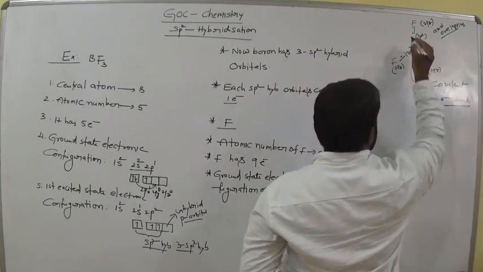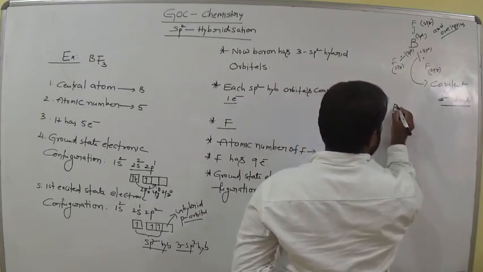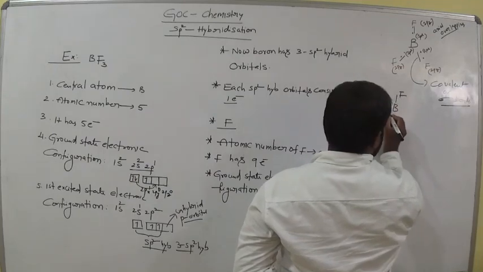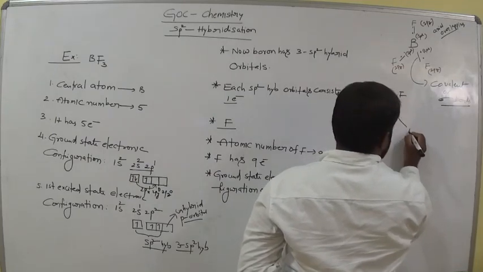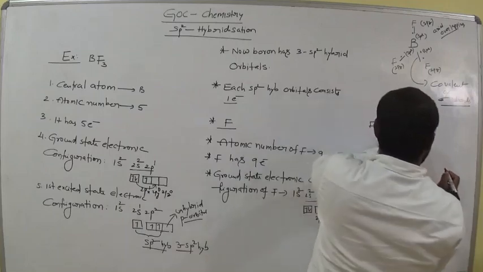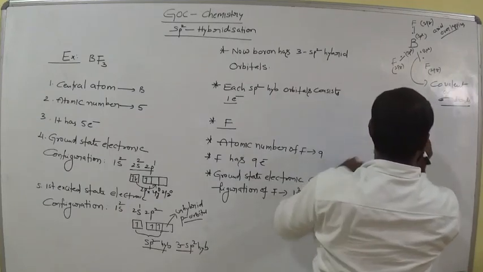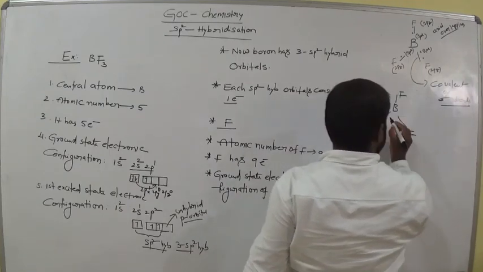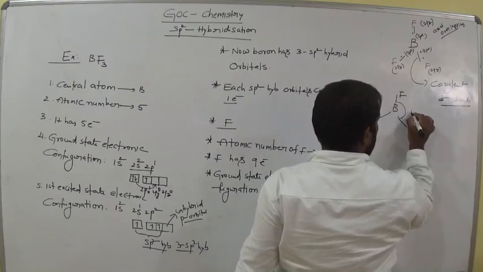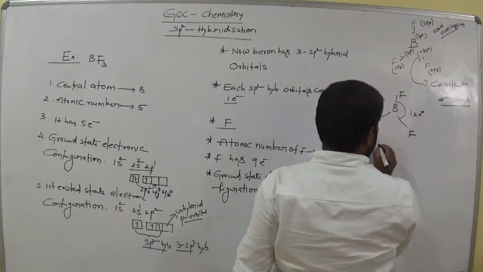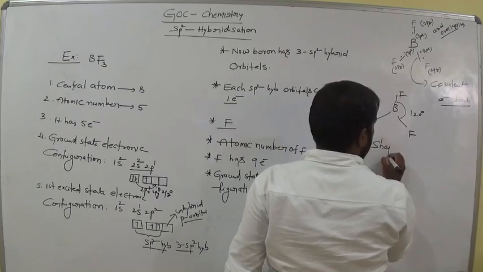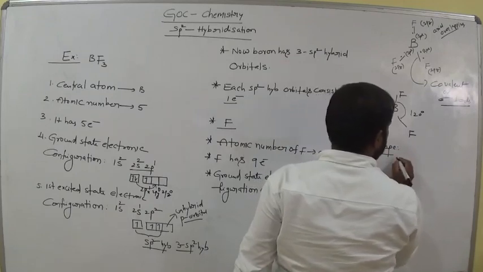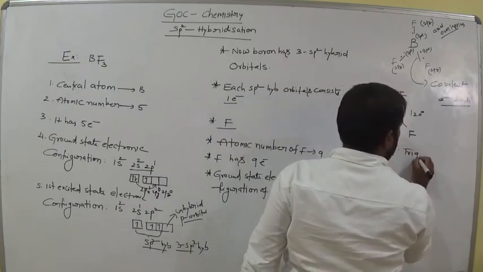Simply, what is the bond angle? The structure is like this, with fluorine at each corner. What is the expected bond angle here? 120 degrees. And the geometry or shape of the molecule, if 120 degrees, is trigonal planar.